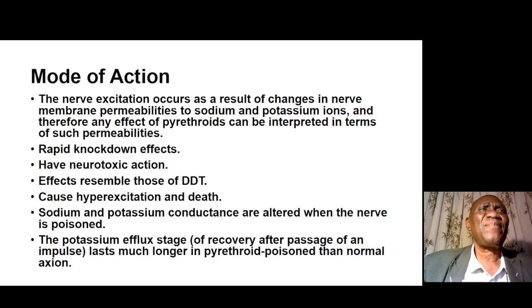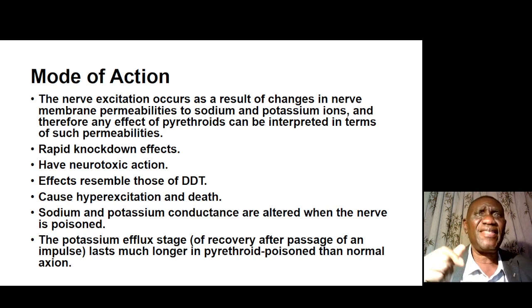Sodium and potassium conductance are altered when the nerve is poisoned. So the potassium efflux stage of recovery after passage of an impulse lasts much longer in pyrethroid poisoned than normal nerve.